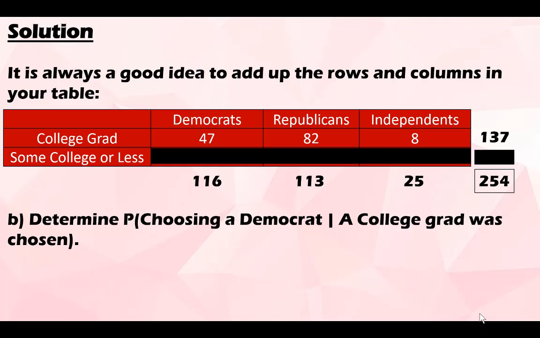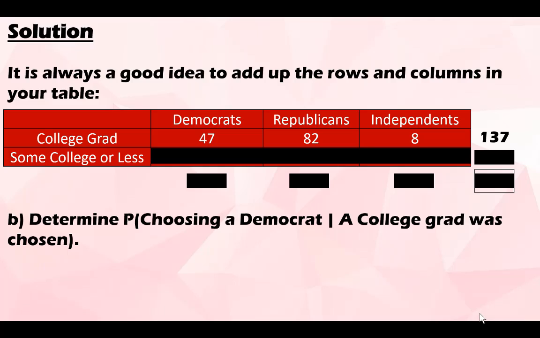But we also eliminate several other numbers. As a matter of fact, we eliminate any value that was computed using any number from the some college or less row. So that includes the 116, the 113, the 25, and the 254. So all those numbers go away. Now our entire universe is just the college grad row.